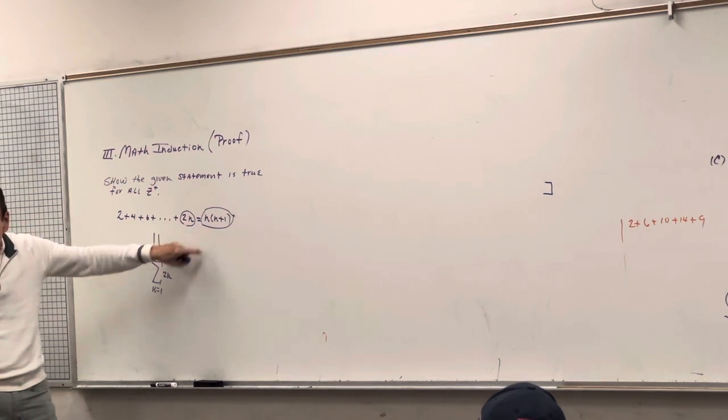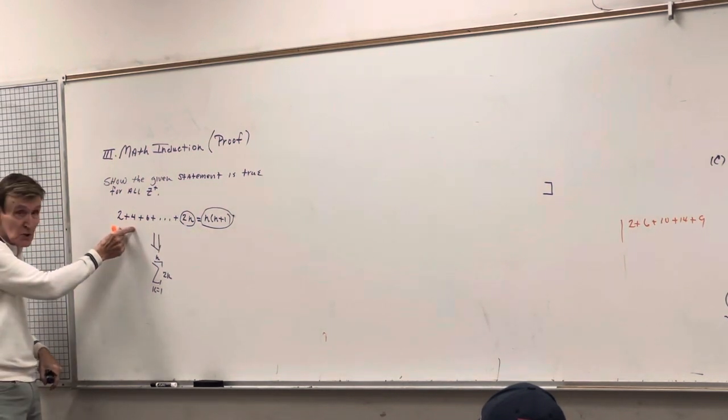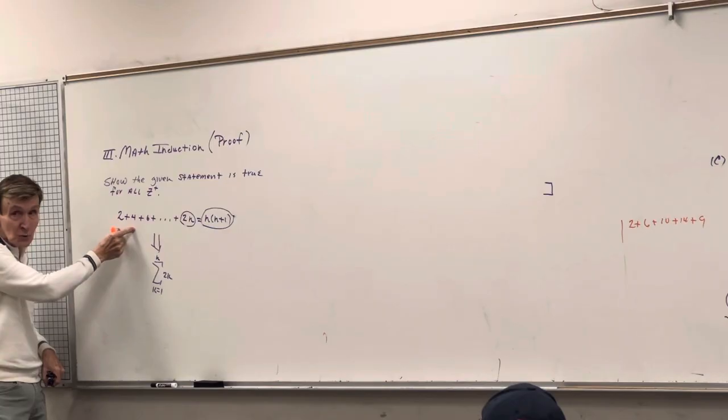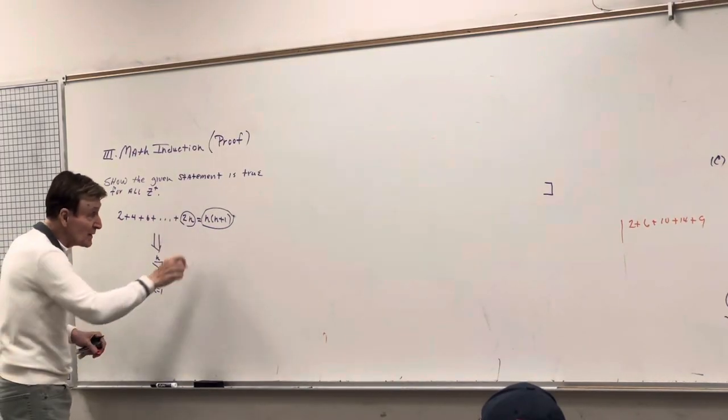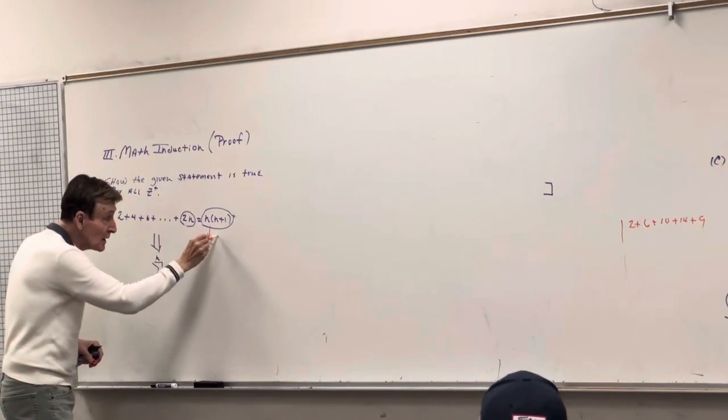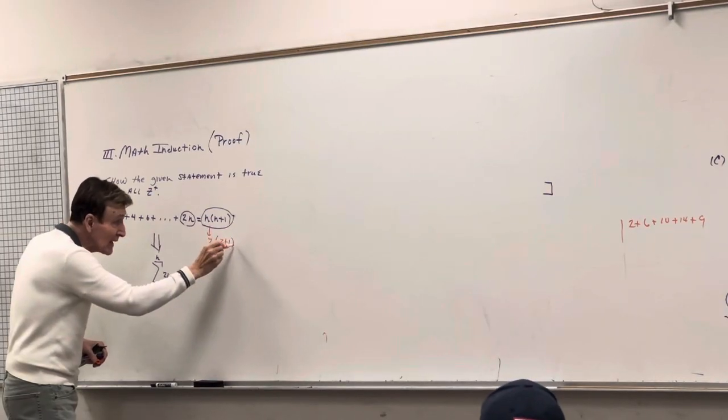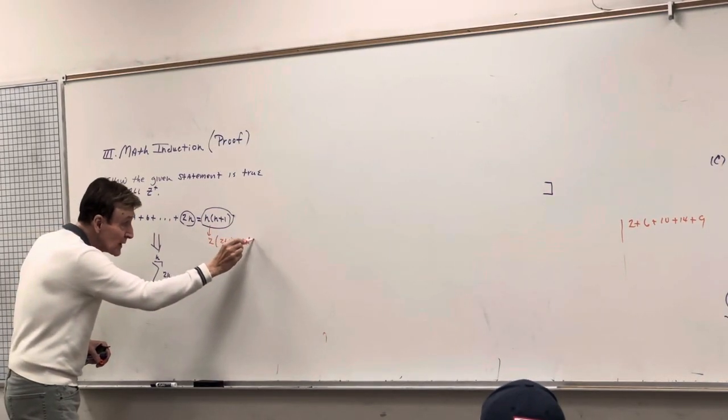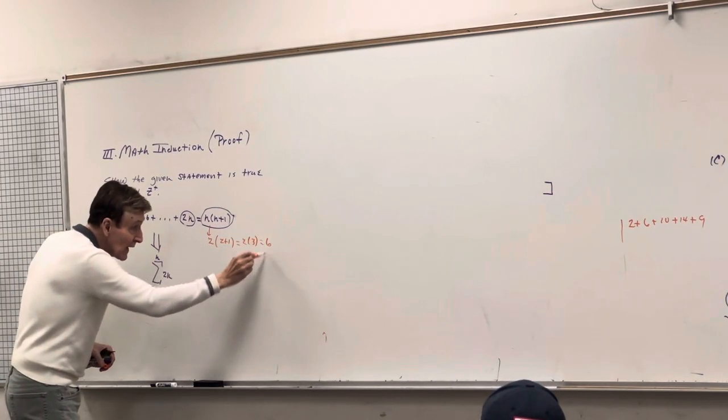Now watch what happens here. If I go back to the left and sum up the first 2 terms, that's 6. Is that true, guys? How many terms was I working with? 2. So if I go to the other side and put n to be 2, I end up with 2 times 3, I get 6.